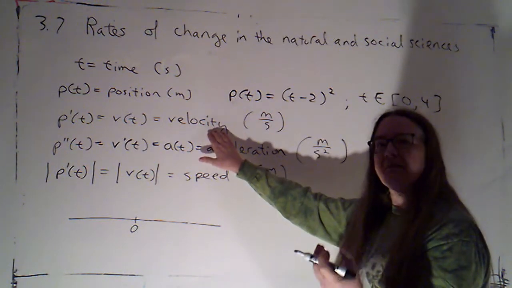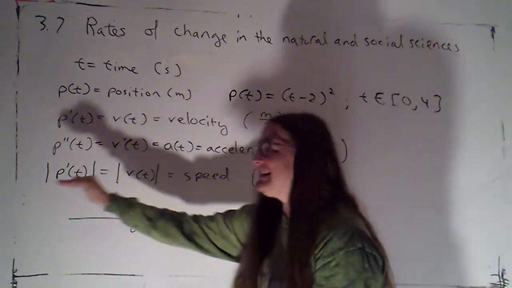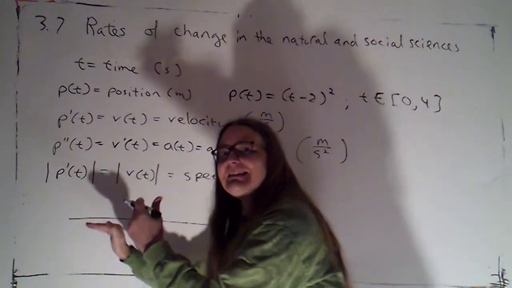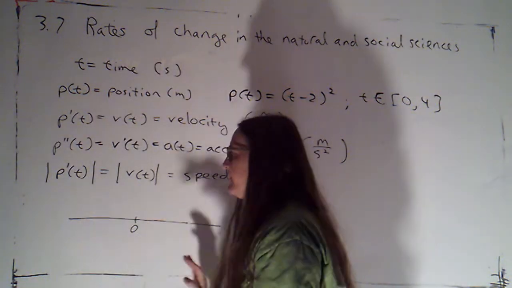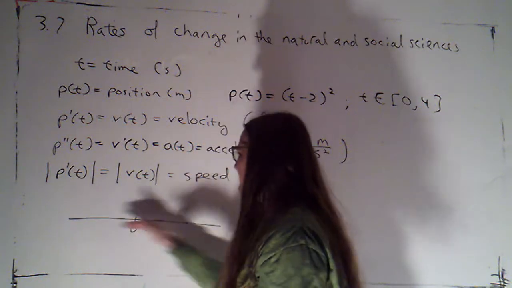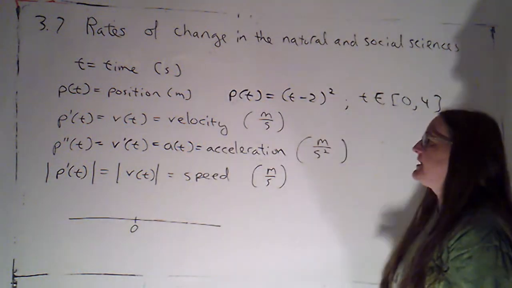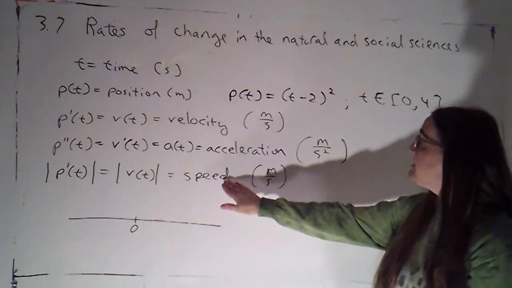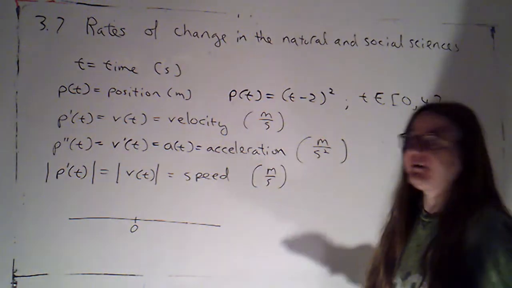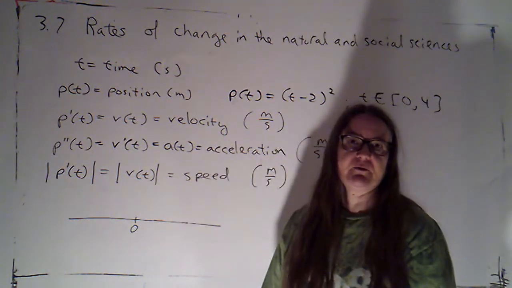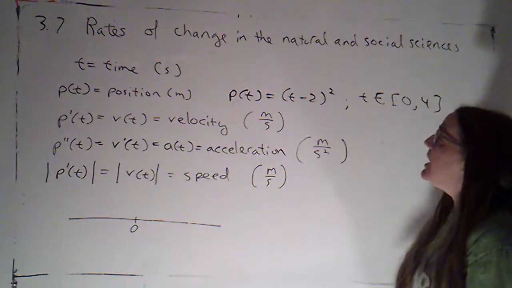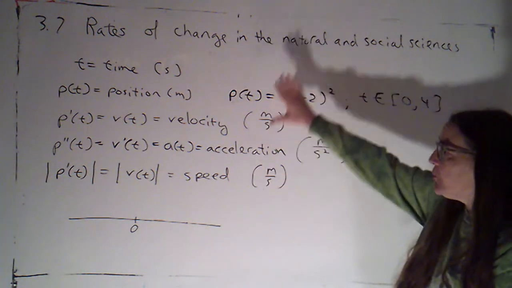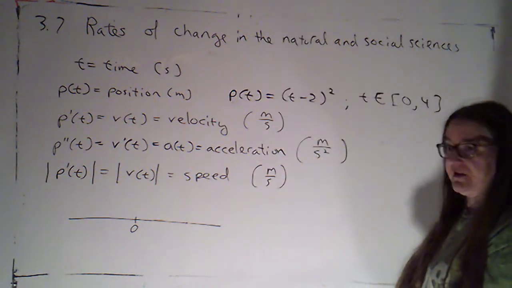Velocity can be negative, and when it's negative, that's going to indicate that the particle is moving in the negative direction. I'm going to just refer to that as moving to the left, supposing that we're moving on sort of a number line like so. Speed, on the other hand, is never negative because, of course, we're taking the absolute value here. Okay. So we're going to be working with all 4 of these functions.